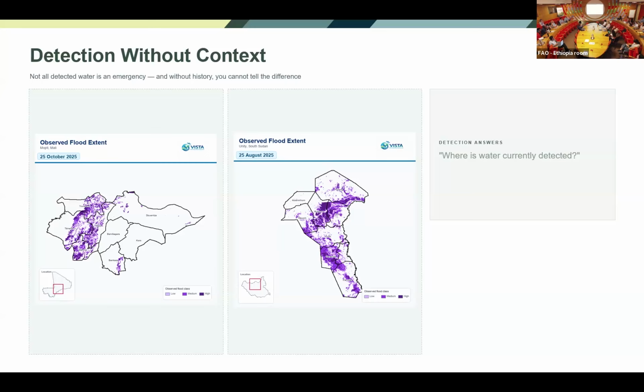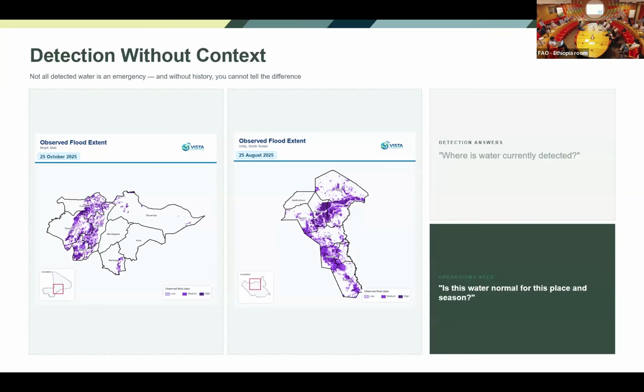We see that there's a lot of water, there's no doubt about that. The detection question is answered, but the operational question is not. Is this water normal for this place and moment of the year? Is it something that we should escalate or investigate further? Just looking at a satellite image of a given date is not enough for us.